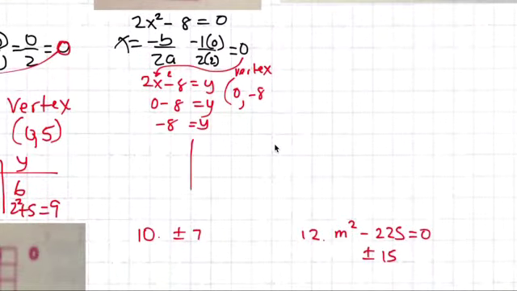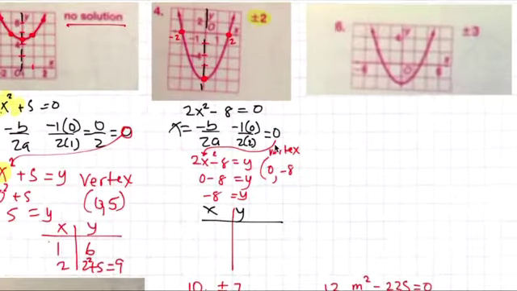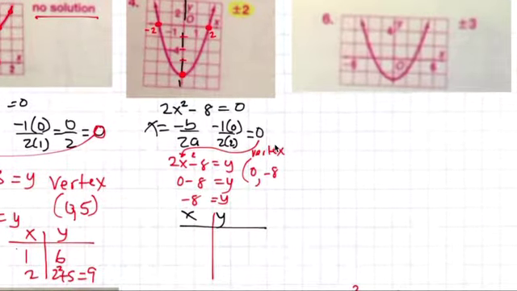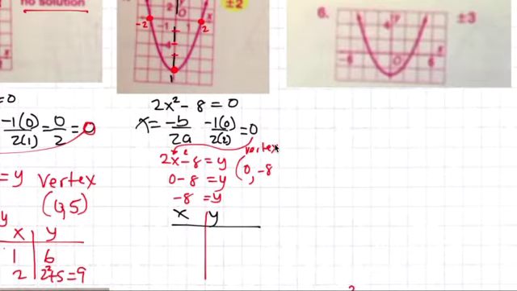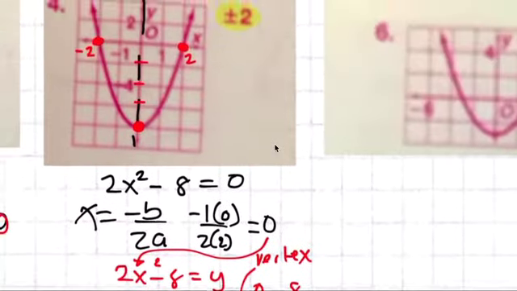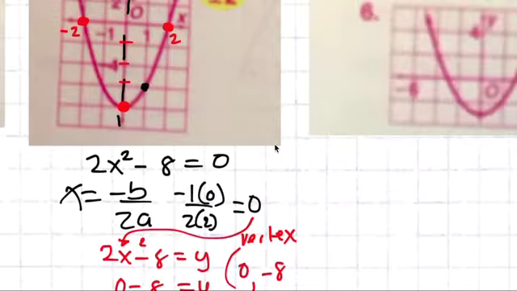And then you make a table of values of your x and y. And then you go, okay, well, what if x is 1? So it would be 2 times 1 squared minus 8, which is negative 6. So 1, negative 6, which is there.